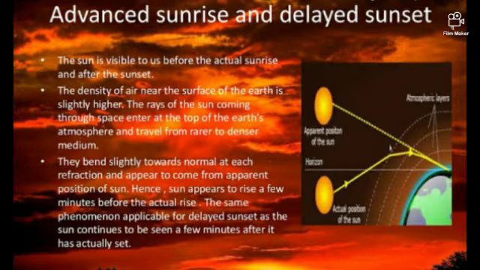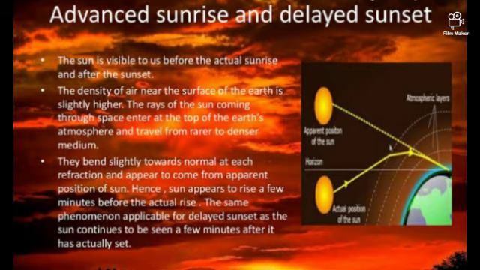Another beautiful phenomenon that we have observed is the advanced sunrise and the delayed sunset. The sun is visible to us before the actual sunrise and after the actual sunset. The density of the air near the surface of the earth is slightly higher. The rays of the sun coming through the space enter the top of the earth's atmosphere and travel from the rarer to the denser medium.